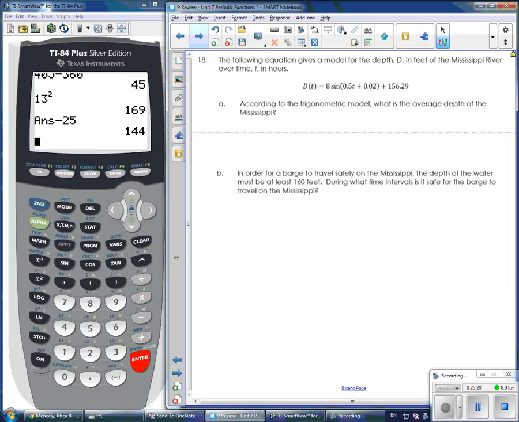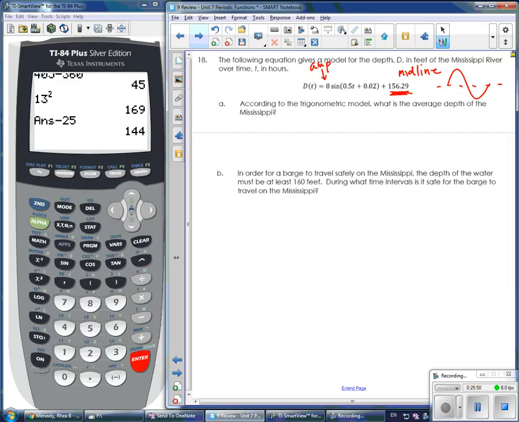But if I remember, this value here corresponds to my midline. And this value here corresponds to my amplitude. If I'm drawing a graph, it means that basically the depth of the water is going to go up and down around that 156. But that 156 is going to be the average depth.